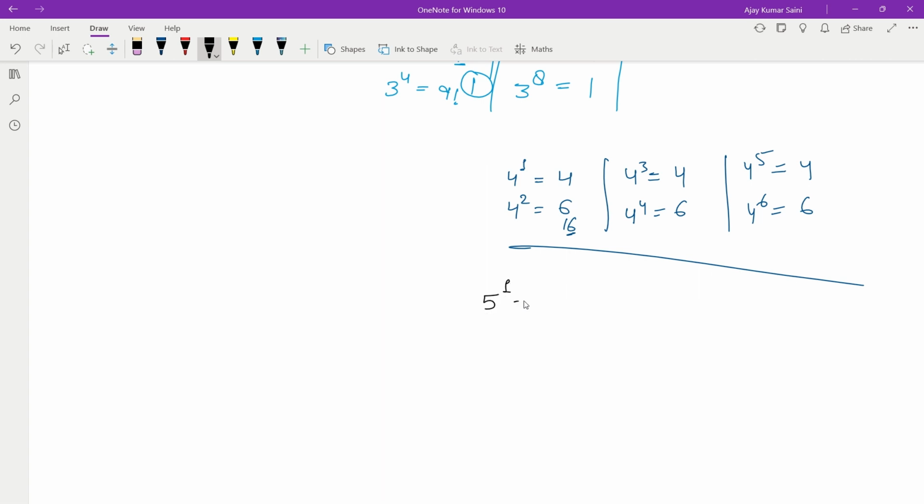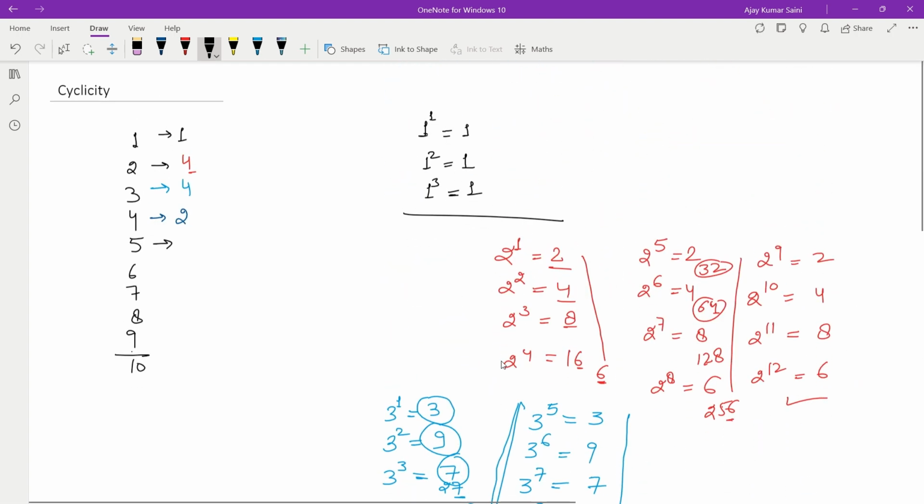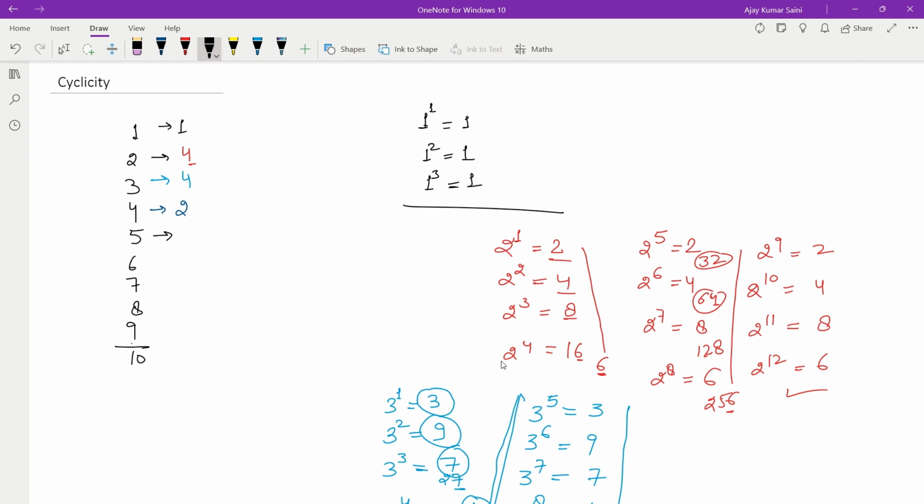After that, for 5, if the power of 5 is 1, then 5. If the power of 5 is 2, it is 25, last digit 5. If the power of 5 is 3, then 5. What you see here is that the cyclicity is 1, means when 5 is at the end of a number, if we take any power of it, the last digit is always 5.